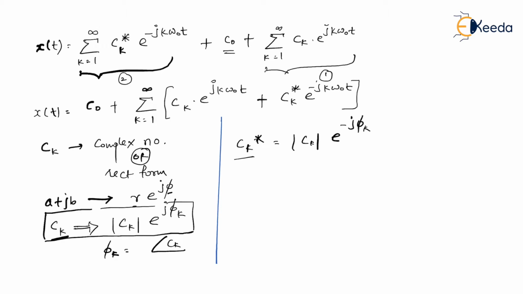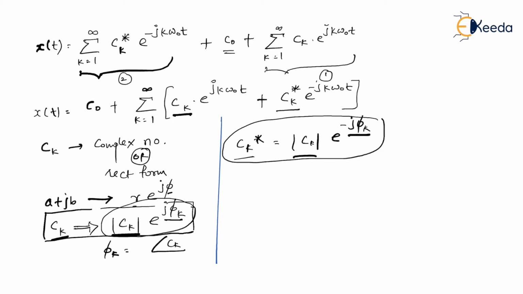What changes is the phase angle. If the phase angle of ck is positive, then the phase angle of its conjugate is negative. That's the only reason why here we have e to the power j phi k and here e to the power minus j phi k, but the magnitude in both cases is the same. So my plan is to substitute ck with this form and ck conjugate with this form.